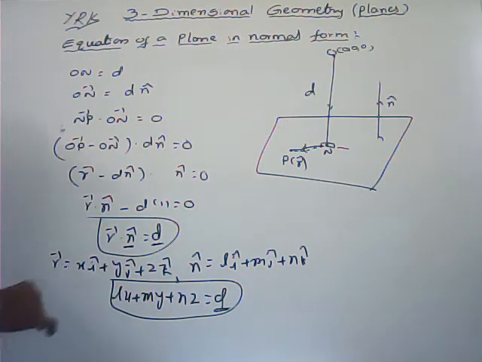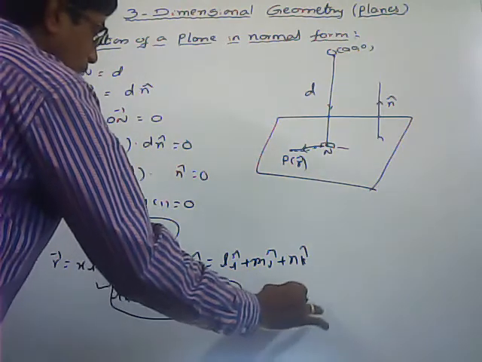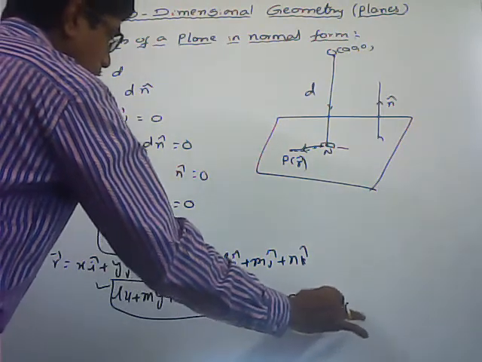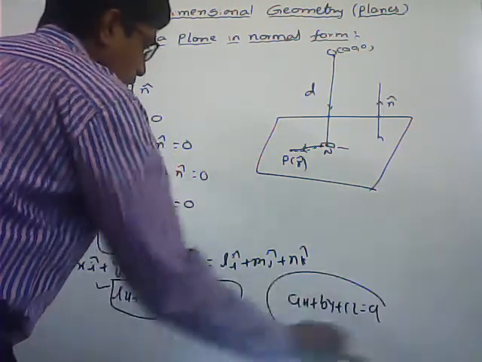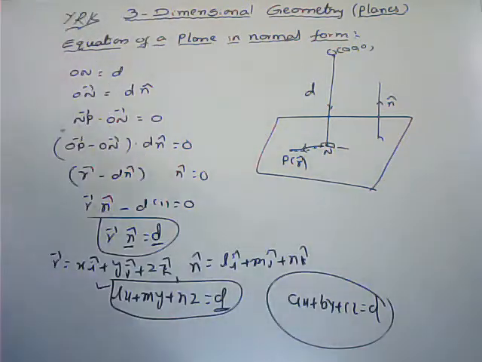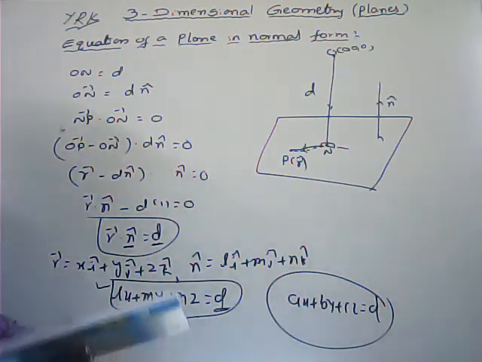The equation of any plane is in the general form Ax plus By plus Cz is equal to D. Here A, B, C are the normal d's. For the equation of the line, we discussed the parallel d's only.